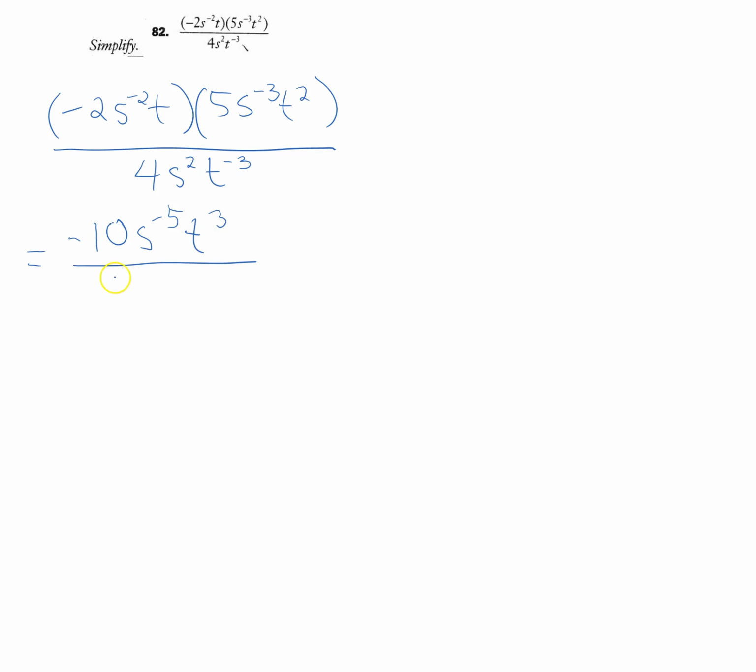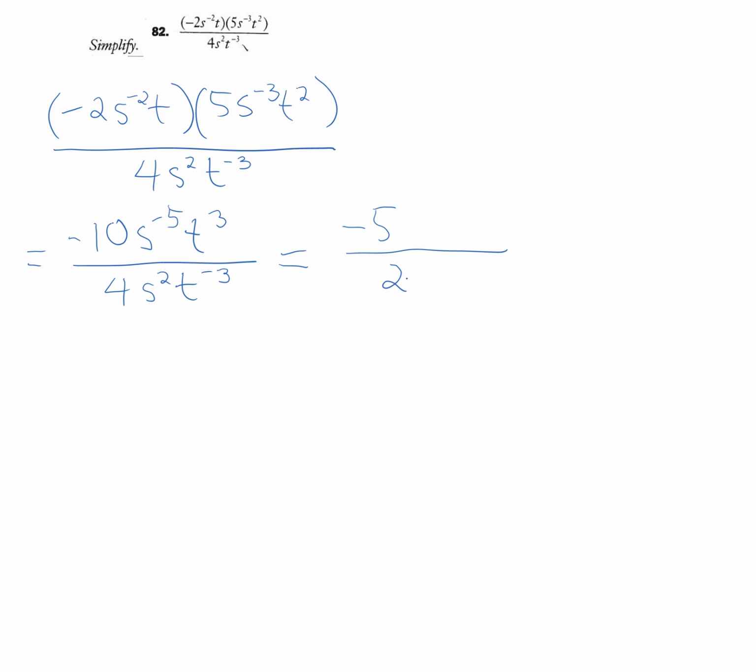So on the bottom, I still have 4 times s to the power of 2 and t to the power of negative 3. Okay, and so now I'm going to simplify the numbers I have in my fraction. So 10 and 4 can both be easily divisible by 2, and that's going to give me negative 5 on the top and 2 on the bottom. And now I'm going to evaluate my s and t terms.